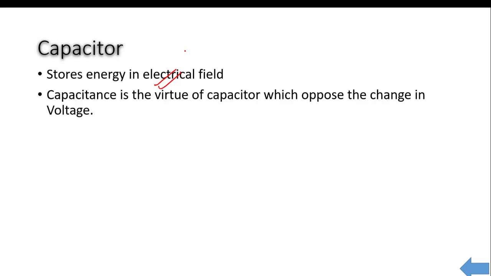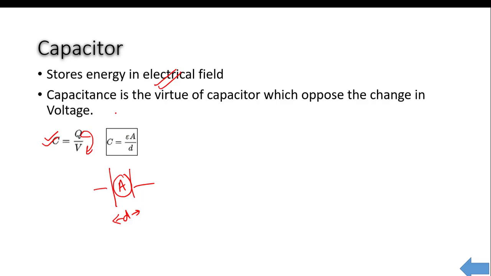It will take some time, right? And the formulas which are important, like you all know from 12th class, C is equal to Q by V, and if a parallel plate capacitor is there having a width D and cross-sectional area A, you could say C is equal to epsilon A by D.